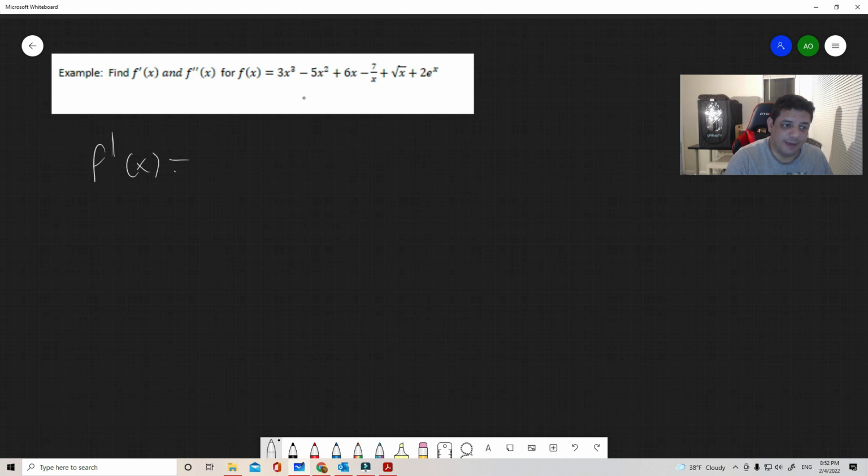So f prime of x is going to be, this is just a big sum. So the derivative of the sum is the sum of derivatives. So we're going to take the derivative of everything.